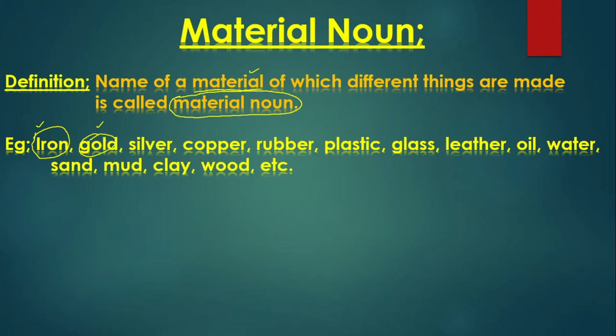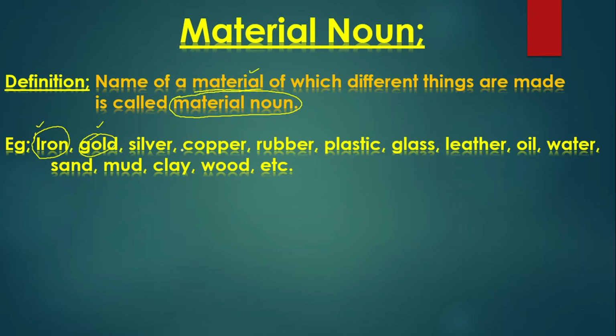In the same way, a good goalkeeper is given a gold glove, and a good score maker is given a gold shoe. If you go to Saudi Arabia, the people of the Gulf states, they even have their toilets in gold. So this is a material by which different things are made.